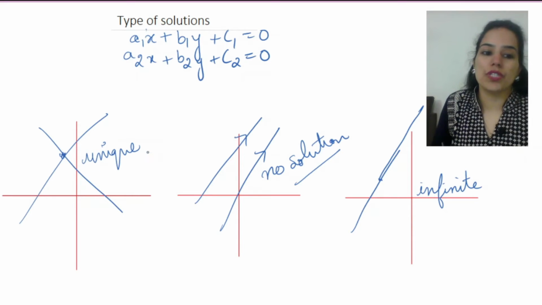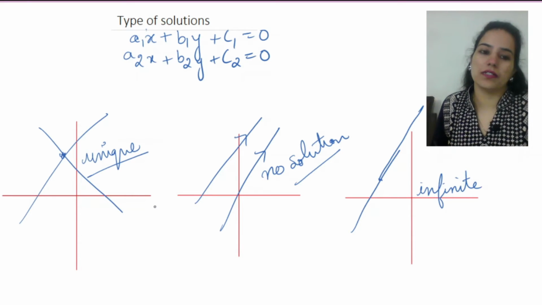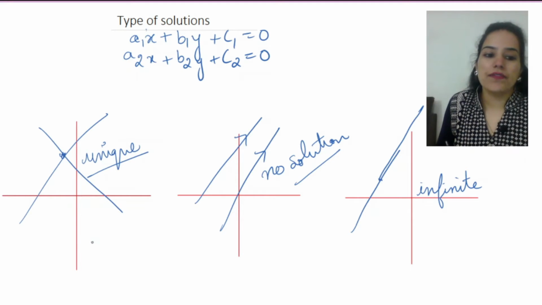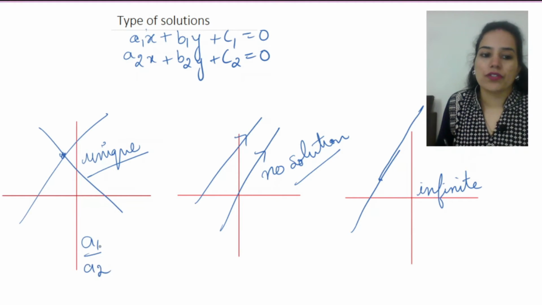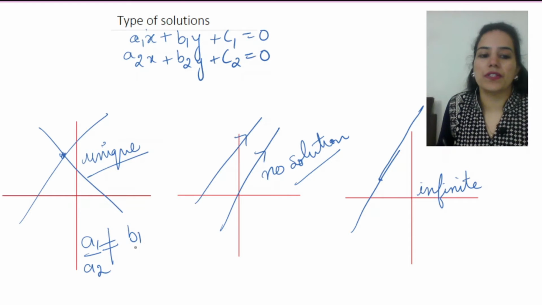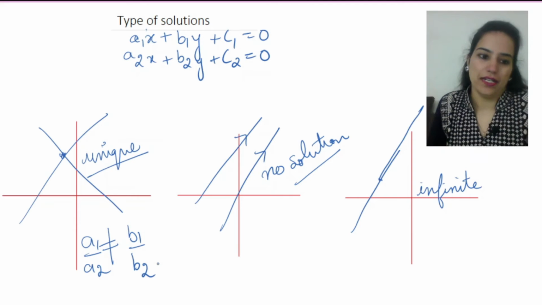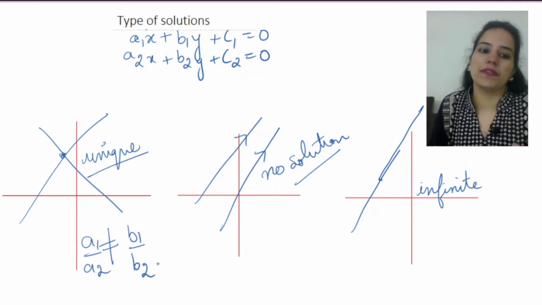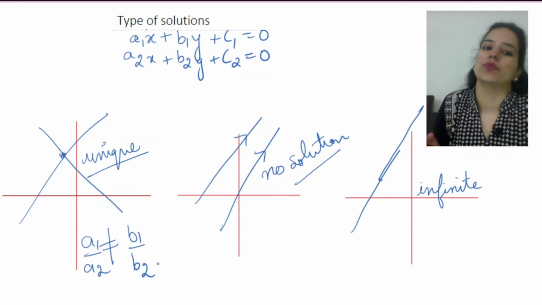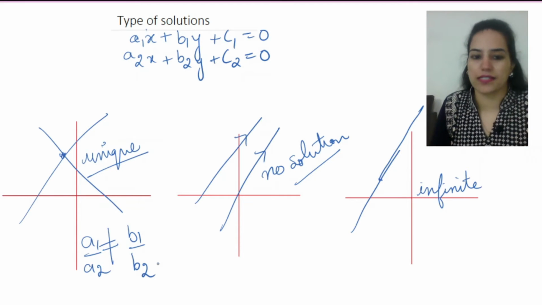So if you want the unique solution, the given pair of linear equations should have a1 upon a2 not equal to b1 upon b2. Their slants should be different, right? So a1 by a2 and b1 by b2 should not be equal. So they will definitely intersect somewhere.